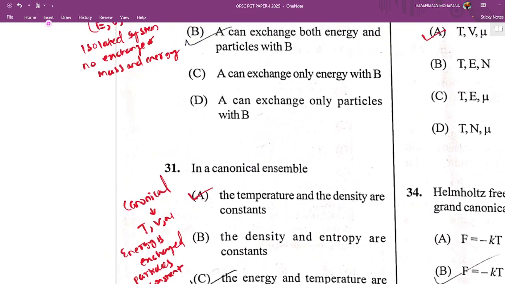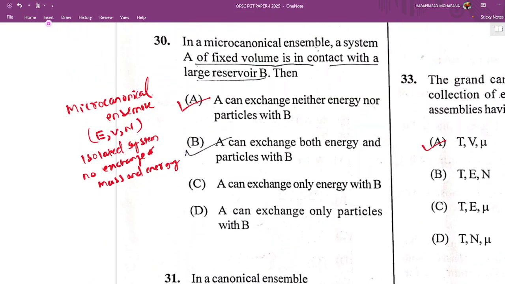Let's come to question number 30. In question number 30, we are asked: in a microcanonical ensemble, a system A of fixed volume is in contact with a large reservoir B. Then A can exchange neither energy nor particles with B. You have to know what we mean by a microcanonical ensemble.